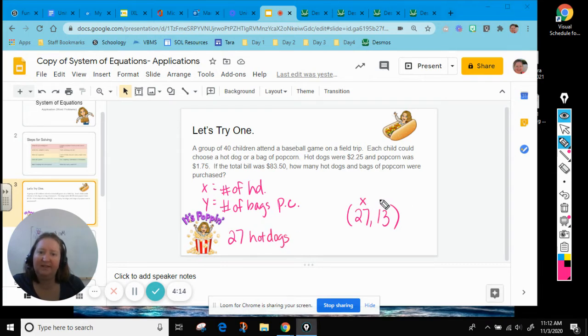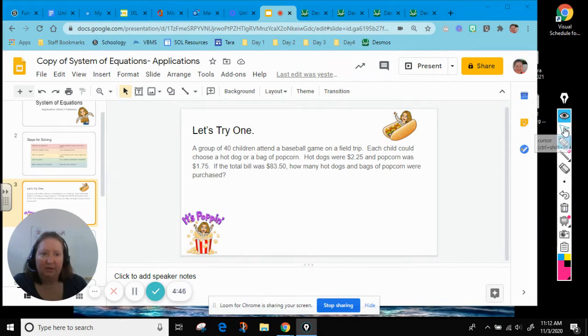Because this is where the X is and this is where the Y is, were purchased. Just a reminder, you can always stop, rewind, watch something again if that was too fast for you. And 13 bags of popcorn. I should probably model better sentence structure than that, but I did answer the question with a sentence. So, all right, now going on to the next one.